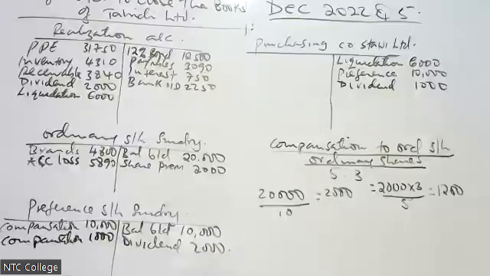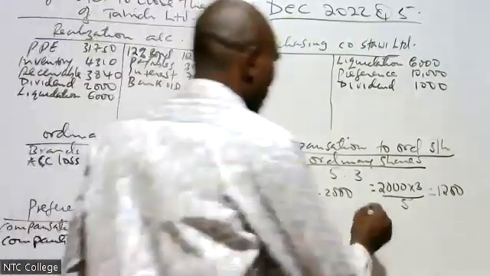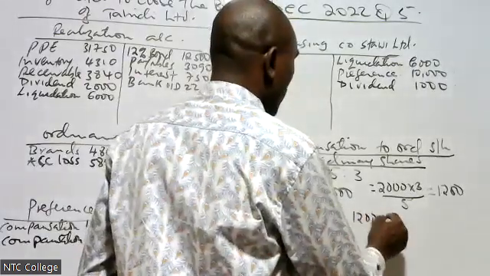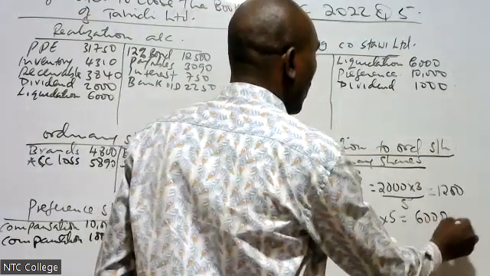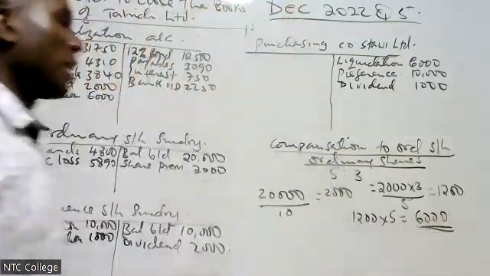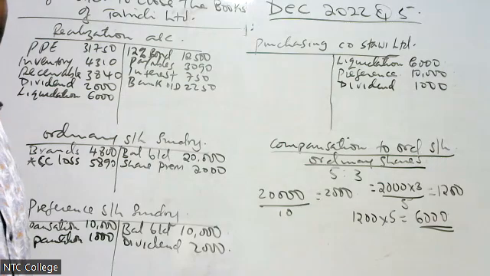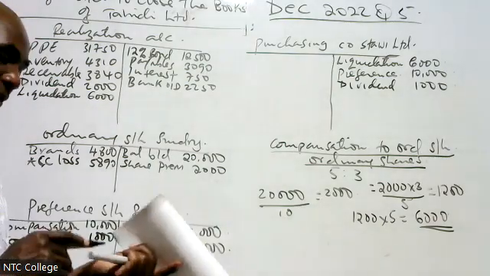It was given at which price? It was given at shillings 5. Therefore, it will be 1,200 times 5, which is 6,000. But remember, these shares are not fully paid.